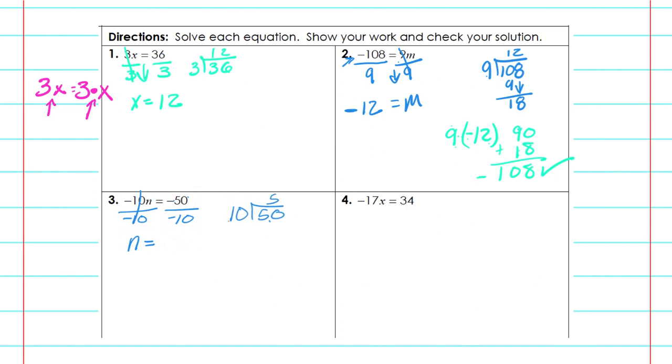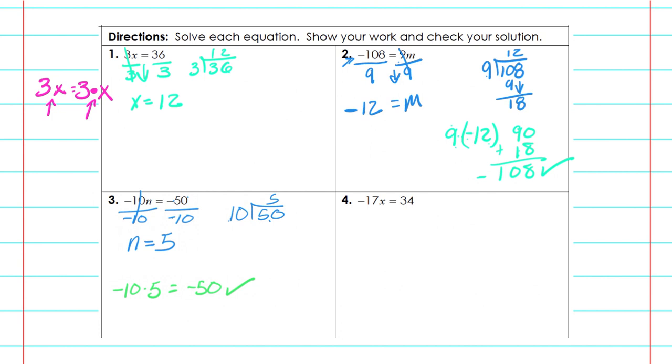I divided a negative by a negative, so my answer will be positive. N equals 5. And again, I can put that information back in there to check. Negative 10 times 5 equals negative 50. That is correct.